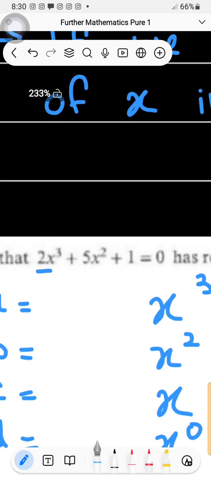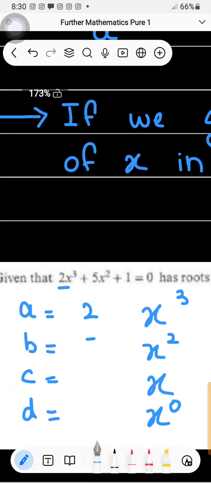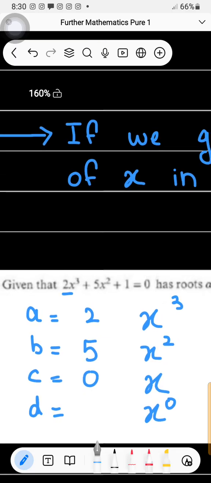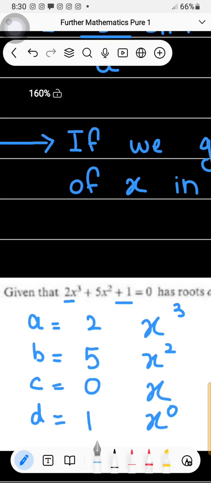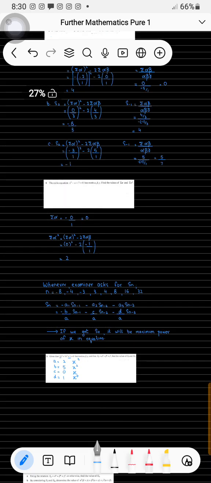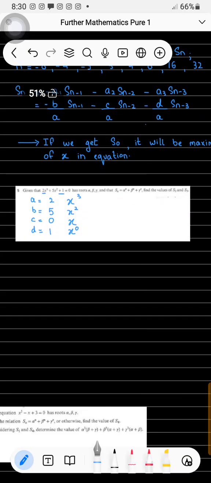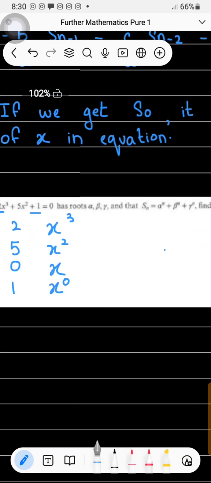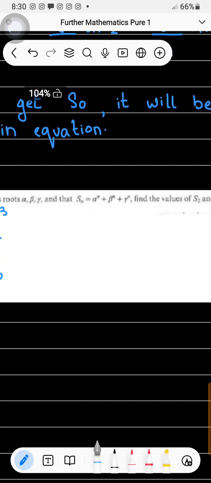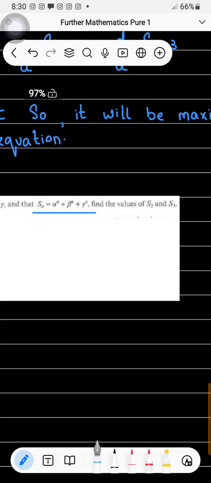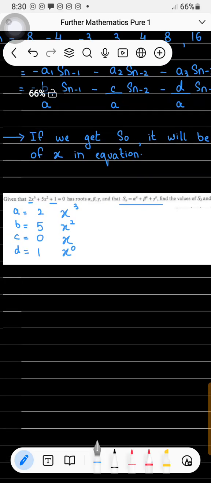So A is 2, B is 5 and C is 0, as x power 1 doesn't exist, and x power 0 is 1, so we will write 1 here. This equation has roots alpha, beta, gamma, and Sn equal to alpha n plus beta n plus gamma n. Find the value of S2 and S3.